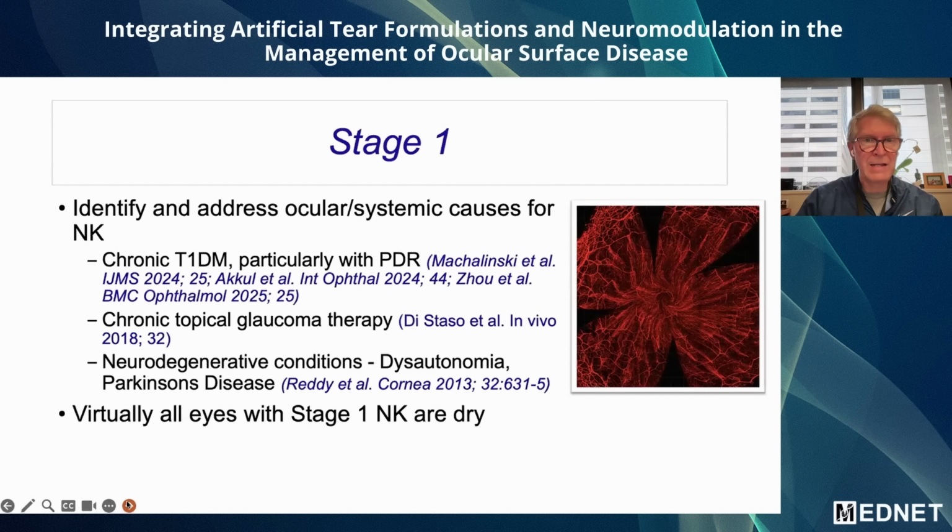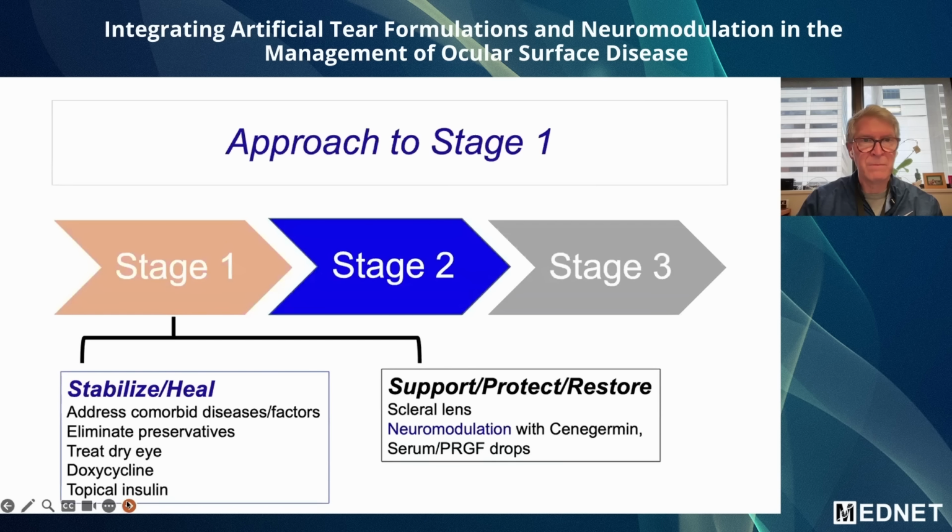Virtually all eyes with stage 1 NK are dry and need to be treated for dry eye, as Dr. Pitha mentioned. For stage 1, then, it's important to address the comorbid diseases and factors, eliminate toxic preservatives, and treat the dry eye. Doxycycline is an anti-inflammatory and anti-protease agent that can help to preserve corneal barrier function.